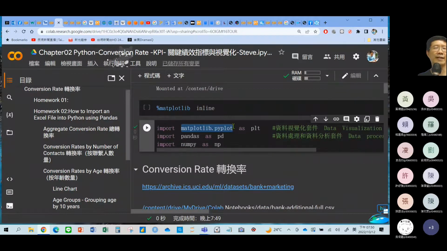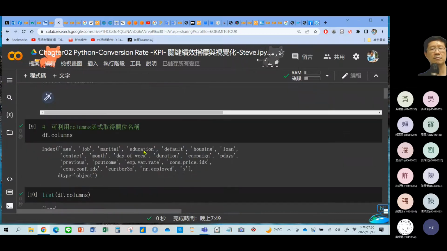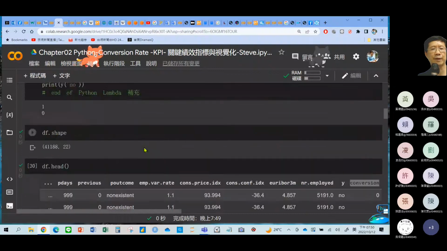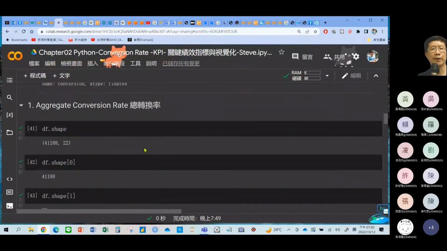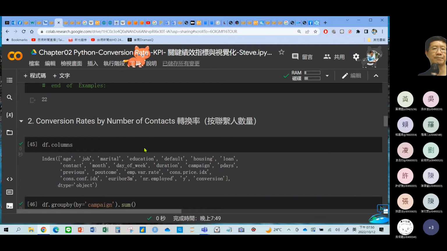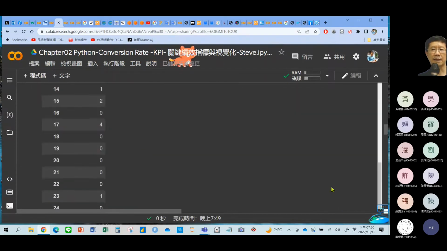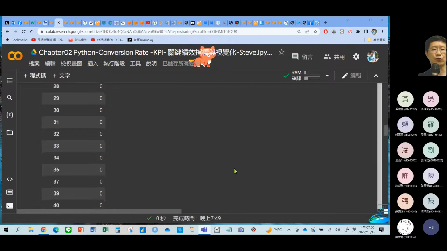Matplotlib is the function for data visualization, and we use plt for short. 这简称用 plt，plot 就是 plot 的意思。Okay, so here comes the diagram for the conversion rate by campaign. Let us take a look at the data visualization.